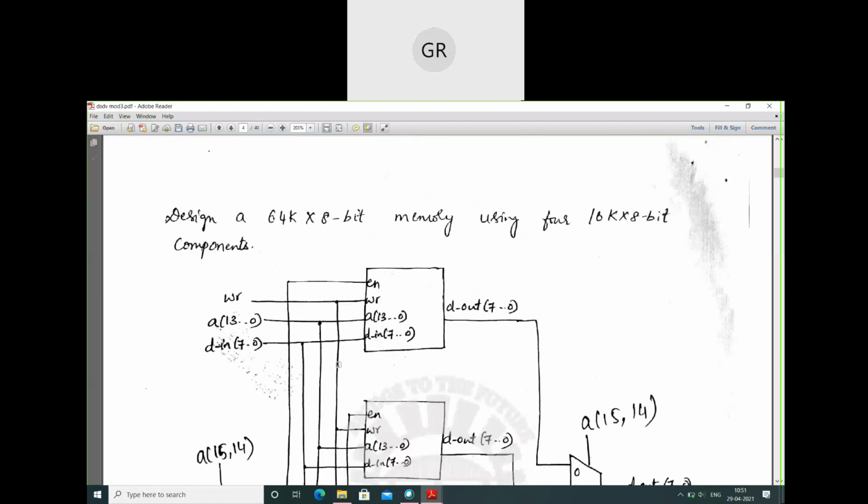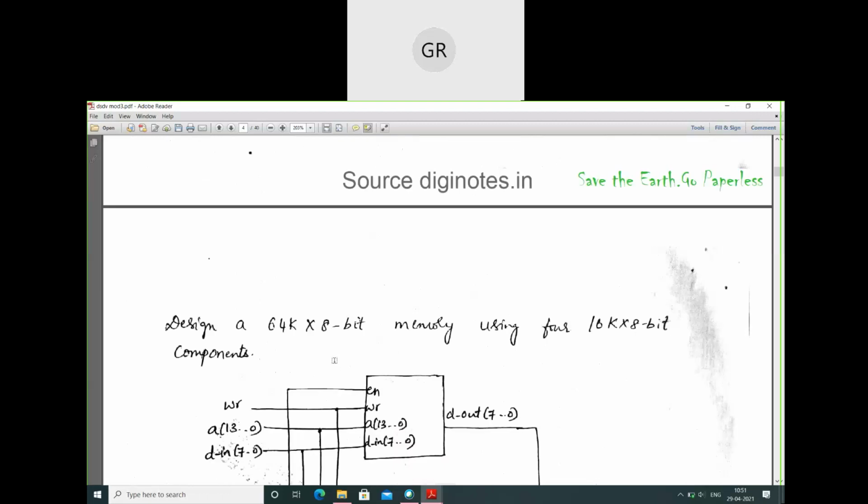See here how we can calculate the address bits. How many addresses? 64K. That means log of 64,000 divided by log of 2. How many bits? 16 bits. But here we are constructing this using 16K by 8-bit. Okay. For 16K, what is the number of address bits?